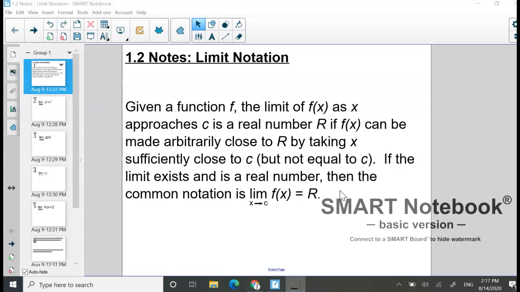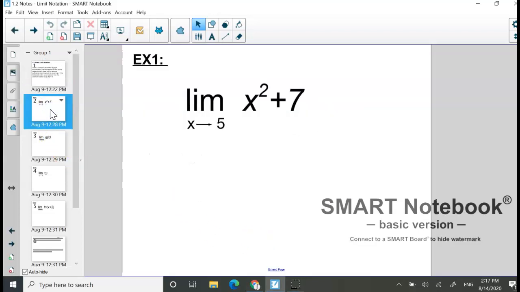So that's sort of what we'll be looking at, and we'll look at that in much more detail in some of the sections to come. But right now we're really just trying to get familiar with the notation.